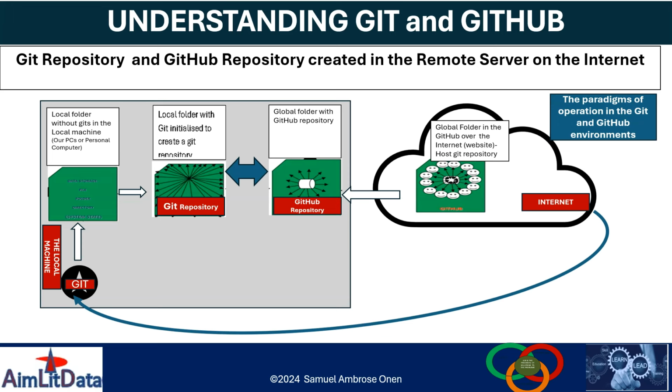And then at the same time, we created GitHub, which is found on the internet. A GitHub account is opened on the GitHub website, and then from there we create what is called a GitHub repository, and then we link to that GitHub repository straight from our local machine, or clone that Git repository directly onto our machine if we had not got any repository created on our device previously.